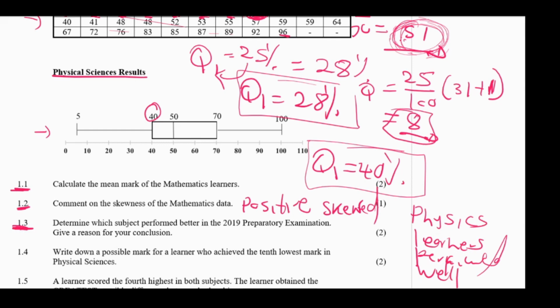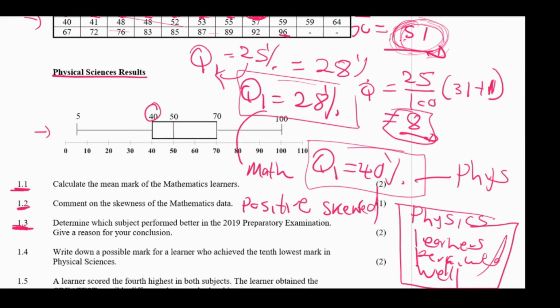You can simply write Q1 for physics and then Q1 for maths, and conclude by saying this statement here.